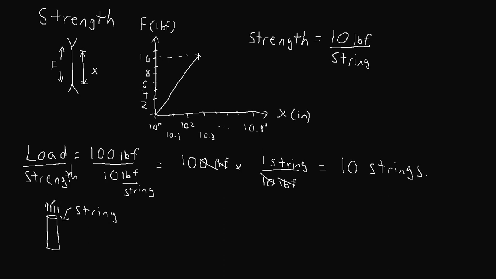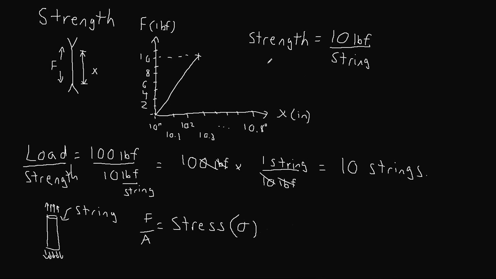Think about the force being evenly distributed across the cross-sectional area of that string cylinder. So you say the force divided by the area, and this is what we call the stress. We often denote this with the lowercase sigma.